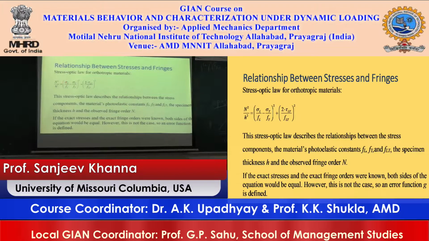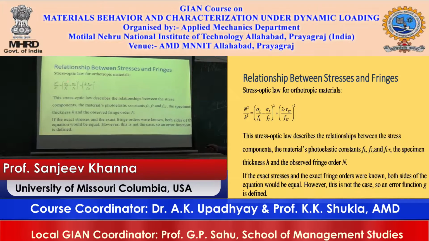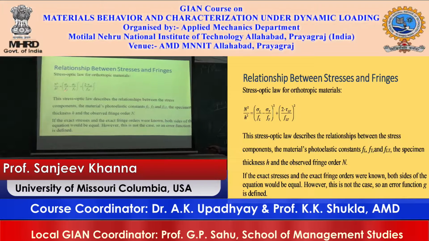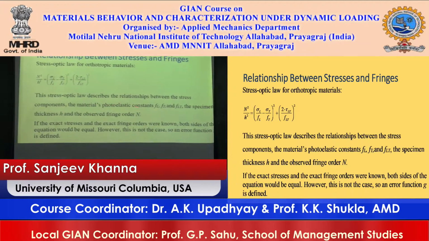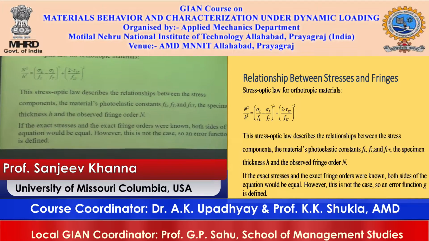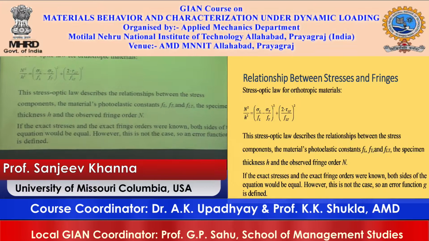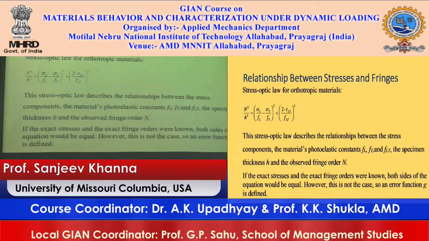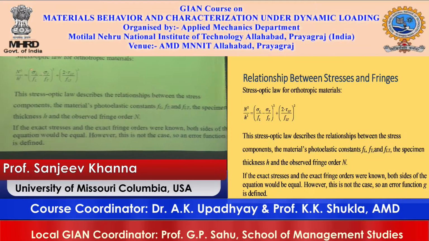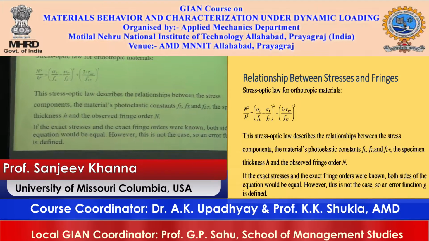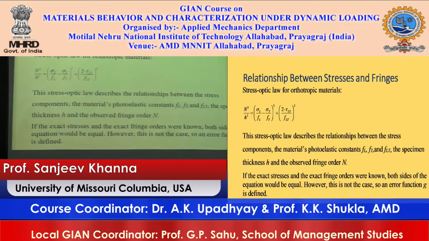So this is sigma 1, sigma L by F. Now F here, this FL, FT, FLT is called the material's photoelastic constant. Okay. And there is a method to find these. Then I have tau LT, sigma T, sigma L. So if it's a unidirectional composite, sigma L is the L direction in the direction of fibers, T is the transverse.